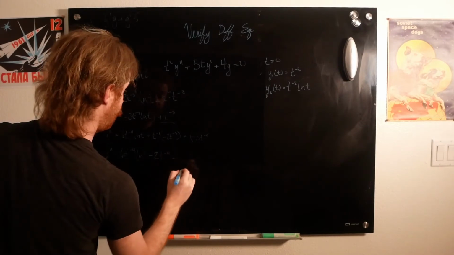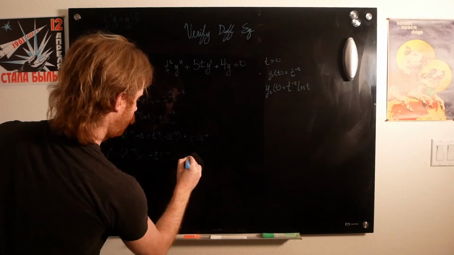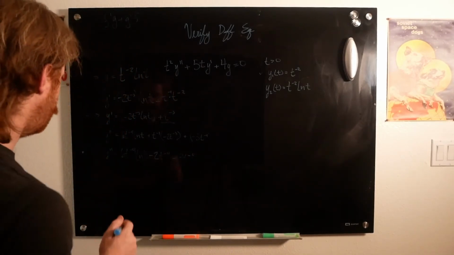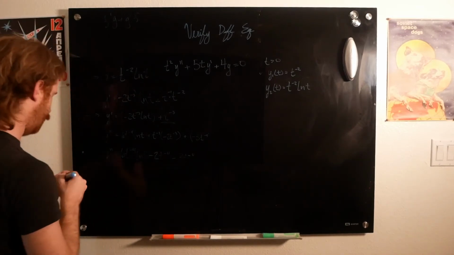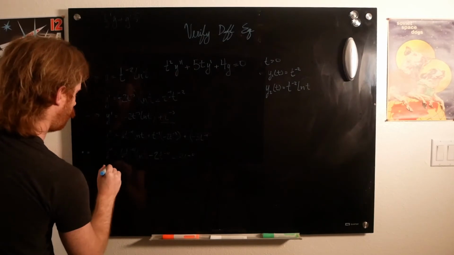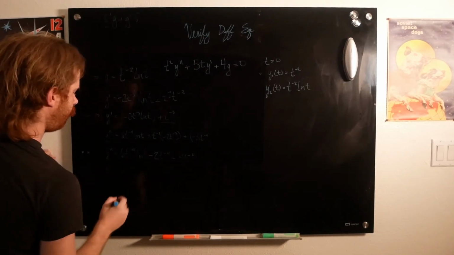And then minus again 3t to the negative fourth. So we're going to combine like terms here. Y double prime equals 6t to the negative fourth.